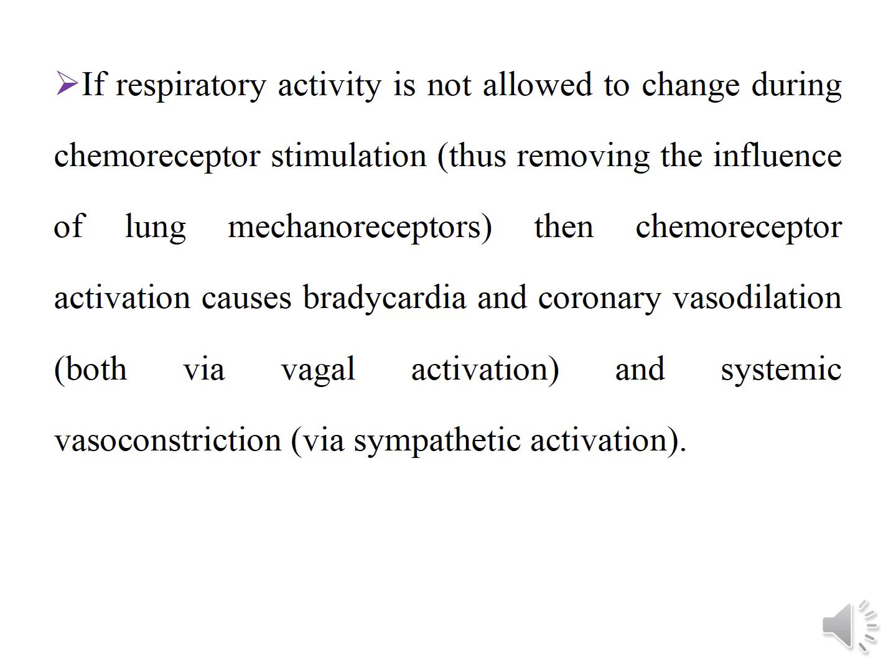If respiratory activity is not allowed to change during chemoreceptor stimulation, thus removing the influence of lung mechanoreceptors, then chemoreceptor activation causes bradycardia and coronary vasodilation, both via vagal activation, and systemic vasoconstriction via sympathetic activation.